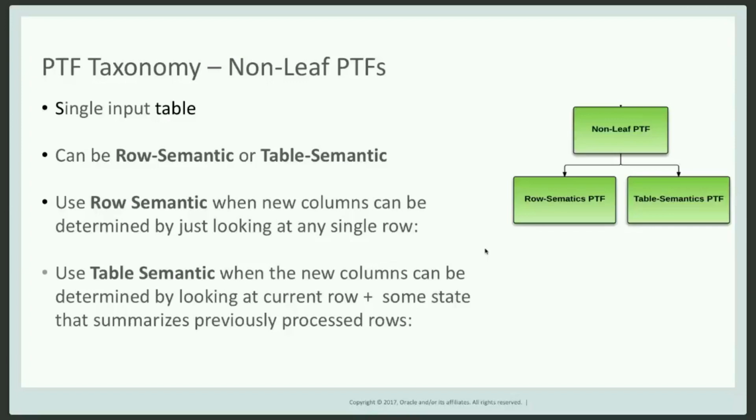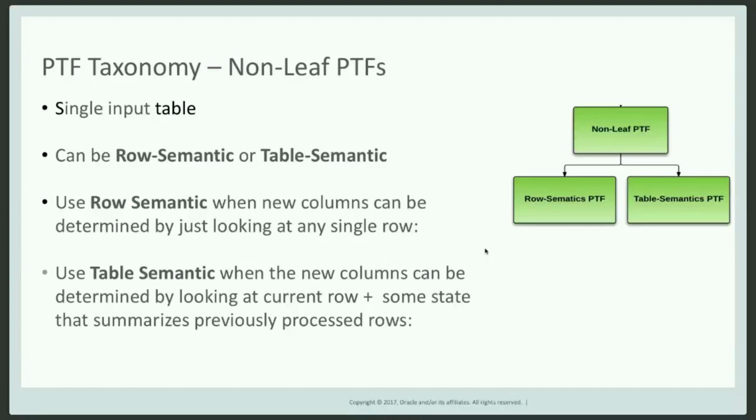So in effect, I just want to echo a column, current column, department, and I'm going to duplicate it and just put the department number followed by the department name. That would be a row semantic one. As each row comes in, I can just determine the value of the new column by looking at a single row.